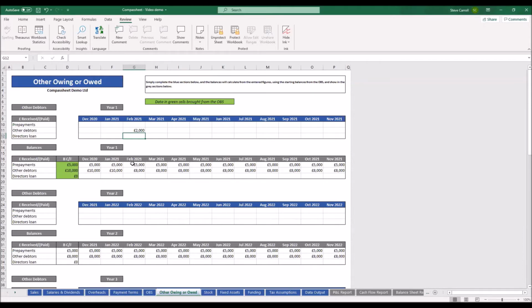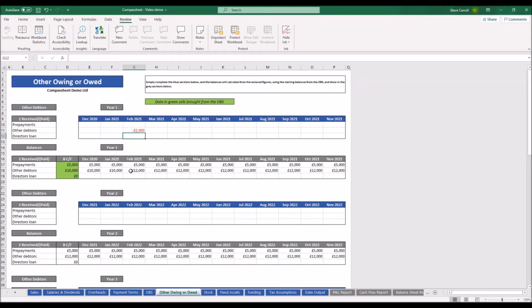So this figure in this top box is the actual cash amount received or paid. And if it was an amount that we'd paid out, we put it as a minus. So if we lent them another £2,000, that's another £2,000 out of our account, so that'd be a negative, which shows as red.